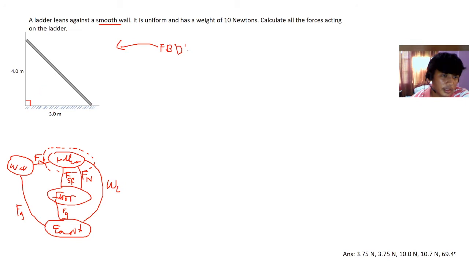Isn't this your typical 3, 4, 5? They're forming a right triangle, and 3 squared plus 4 squared is equal to 5 squared. So we now know that the ladder is 5. And we can always get the angle here if we think we need to.